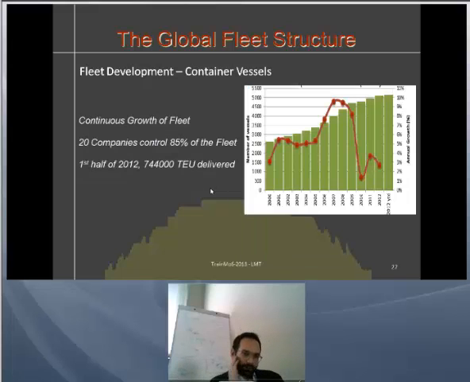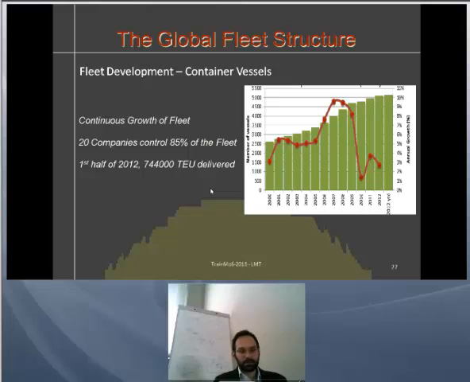And then we have the development of container vessels. We have generally a continuous growth of the fleet. However, we have a very consolidated market here. This means that about 20 companies worldwide control 85% of the fleet.